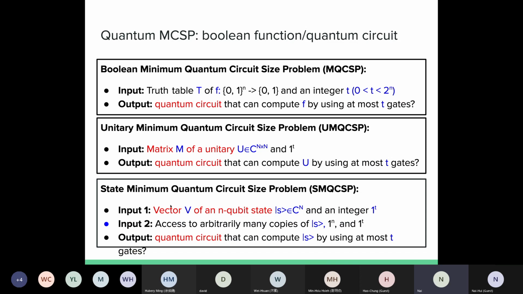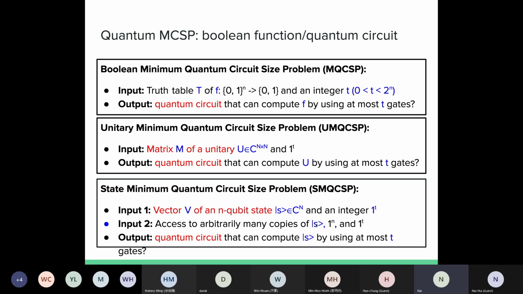We also consider a state version of the minimum quantum circuit size problem. For the state version, we are given a vector of an n qubit state. For each n qubit state, you can write it as a vector with 2 to the n elements. This is one input setting. Another input setting is that, because in the quantum setting it is not practical to have a classical description of a quantum state, you can also have access to arbitrarily many copies of this quantum state.